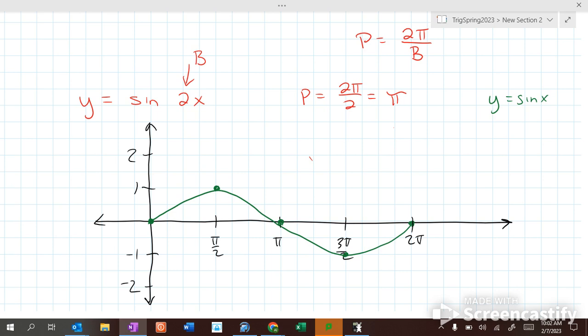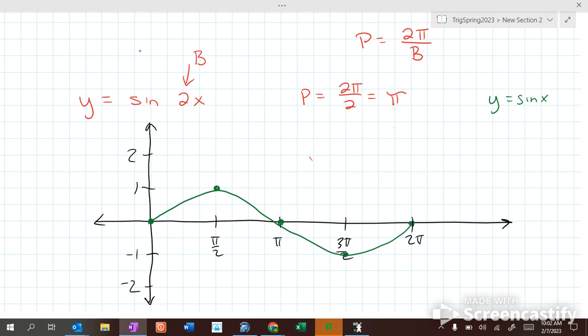Okay, now I have to shrink that down so it all fits into pi. So everything is twice as close to the origin or half as far away from the origin.